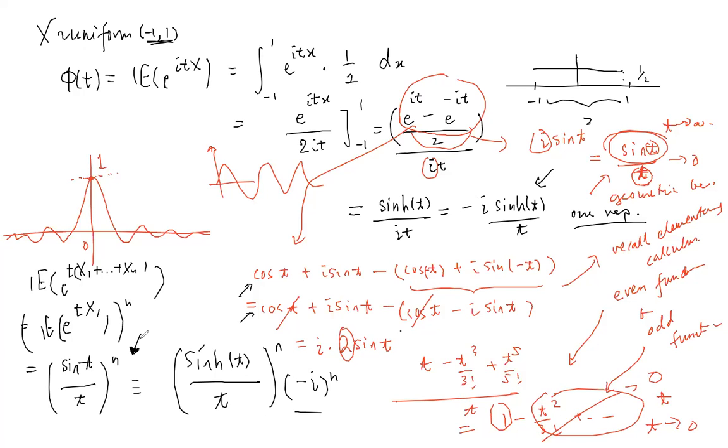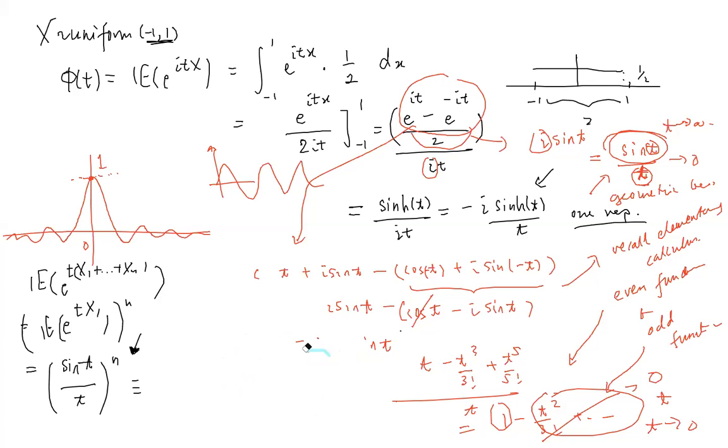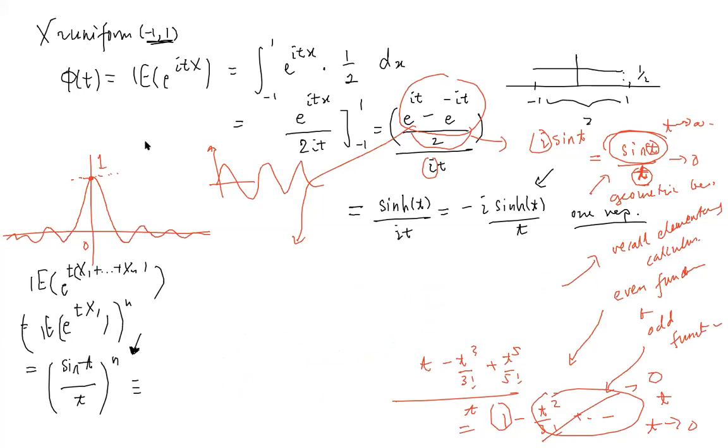Let's try to work out some moments, just for one case. So the mean of X must be 0, because this is symmetric around 0, it is uniform.